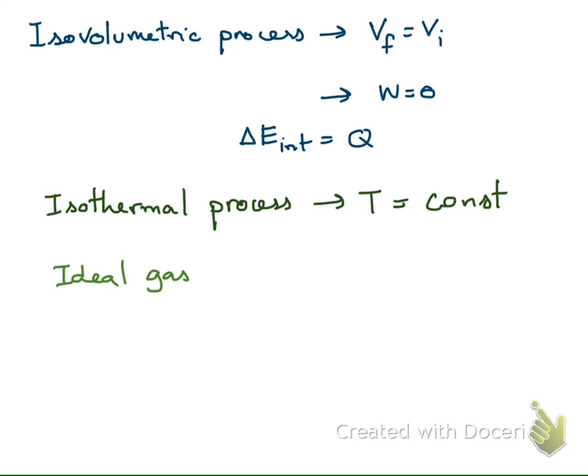In this isothermal process, if the gas involved is an ideal gas, we can show, using the kinetic theory of gases in the next chapter, that for the ideal gas in the isothermal process, the change of the internal energy is equal to 0 if the temperature is constant. Or we can say that the internal energy of an ideal gas is a function of the temperature only.